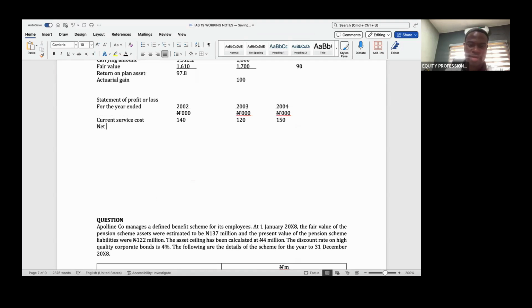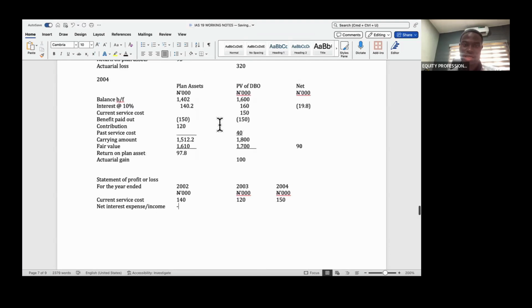Okay, I must not forget my net interest expense or income. 2002 was nil. I can remember that very well. This one was a net interest expense because the obligation was actually higher. So 19.8. I need to put this one in brackets because it's also an expense.